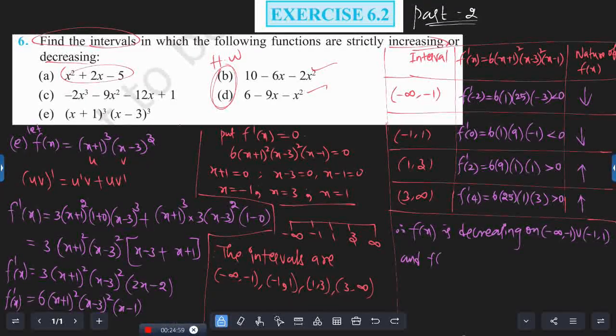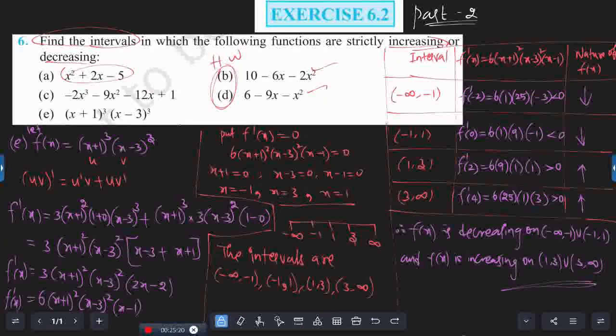And f of x is increasing on 1 comma 3, and you can give comma or union or the and symbol, 3 comma infinity. That's it, these two I'm getting.